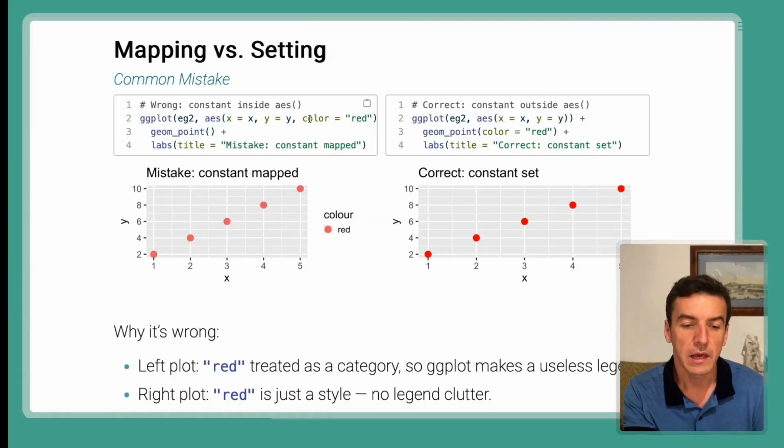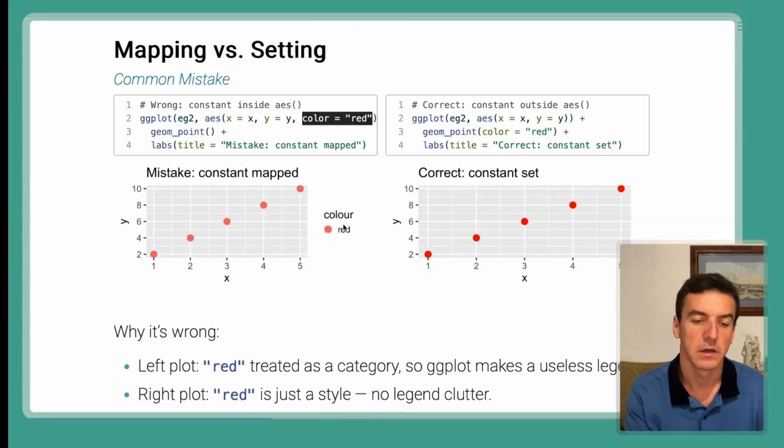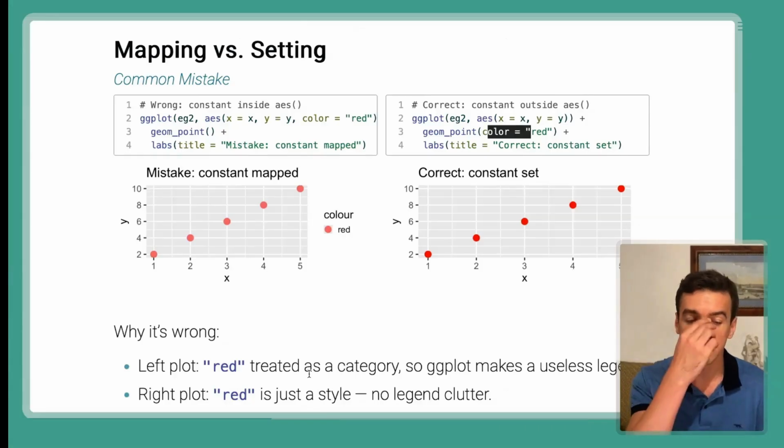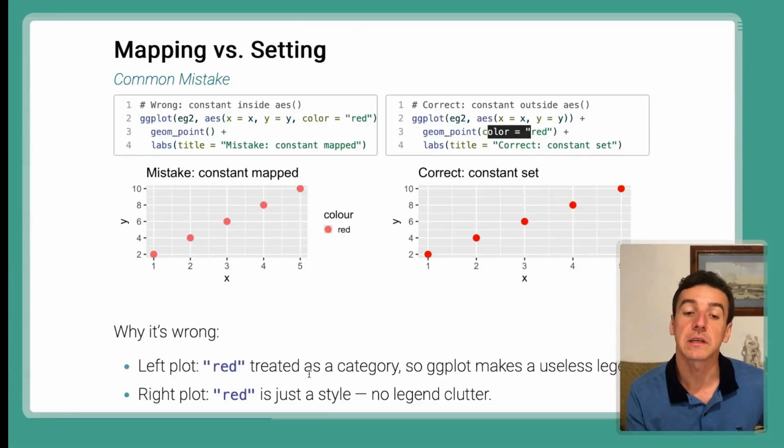So if you put the aesthetic here, if you write color equals red, this is going to result in the feature being mapped out in the legend. If you put it outside, then obviously this is not going to be mapped out in the legend. So the left plot is wrong because red is treated as a category.